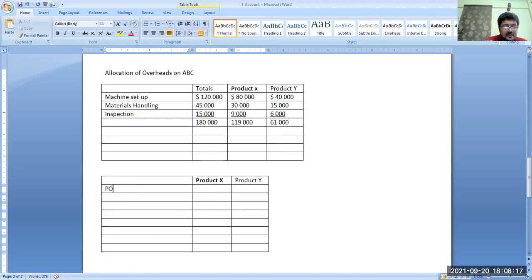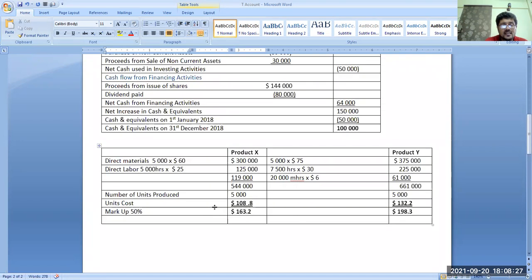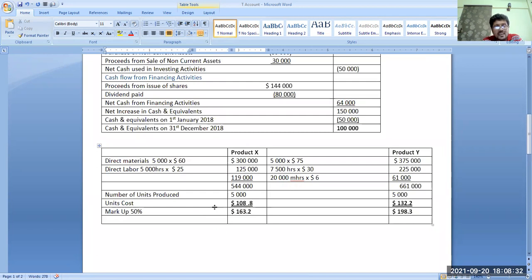Production overhead, on the basis of machine hours. So, for product X, previously the total production overhead was based on machine hours. It was 60,000 for product X divided by 5,000 units. So the answer is 12.